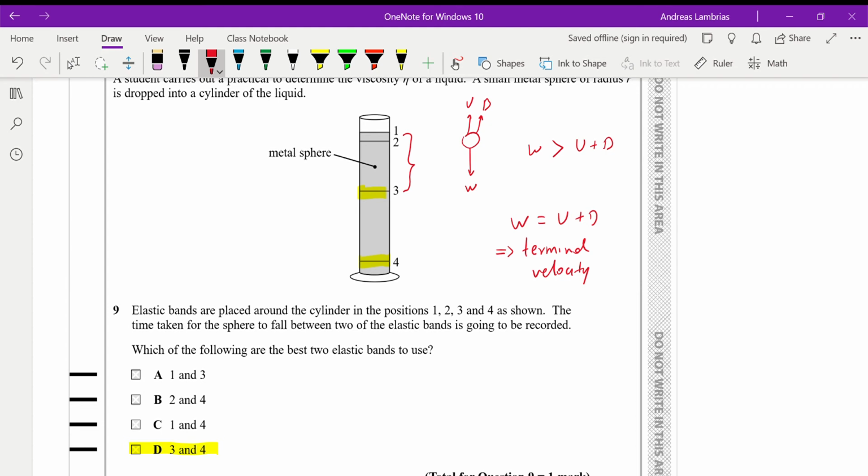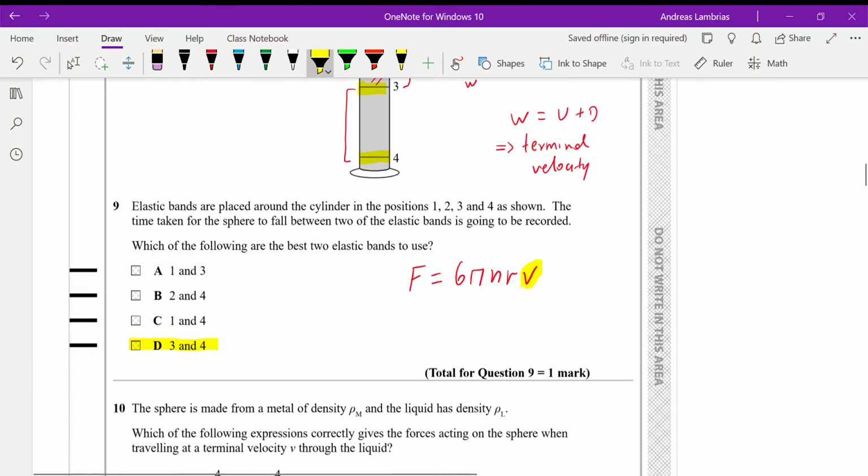So that means we have to allow the first part of the cylinder for the metal sphere to reach terminal velocity, and then we're going to record from 3 to 4. Why terminal velocity? Because if you look at the Stokes law equation, the velocity that is part of this equation is the terminal velocity.